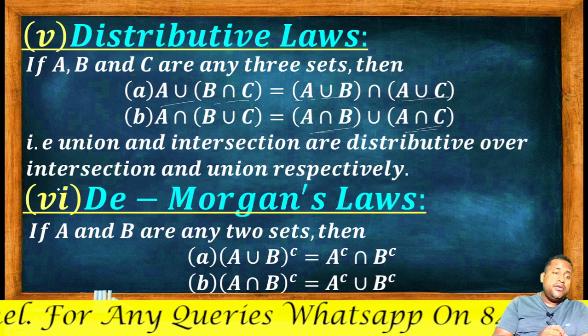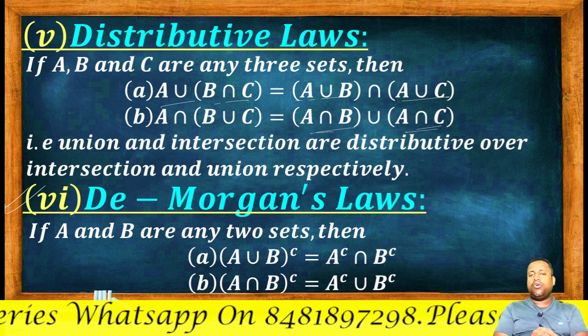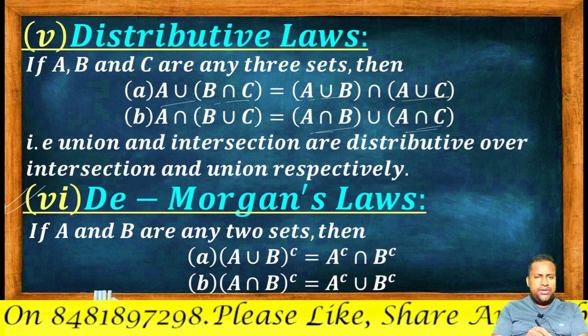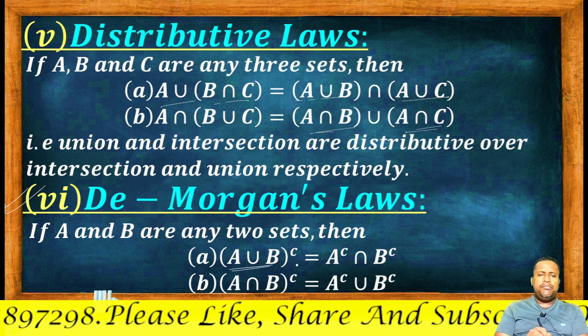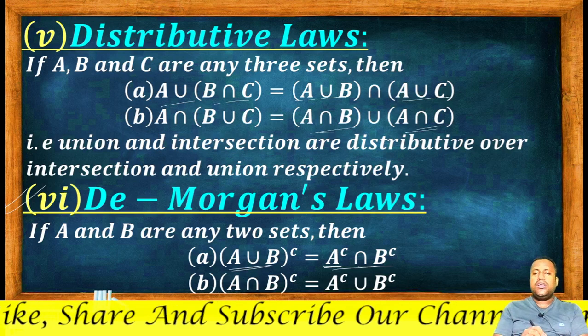And next, the most important law, which is De Morgan's law. What is De Morgan's law? For any two sets A and B, complement of (A union B) equals A complement intersection B complement.